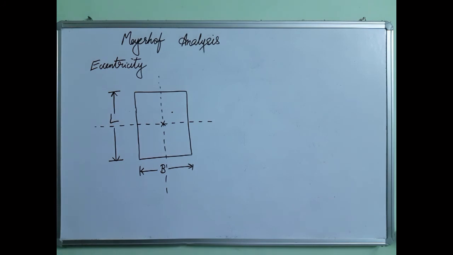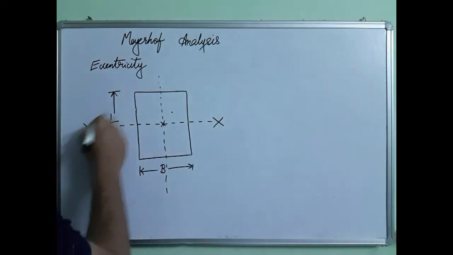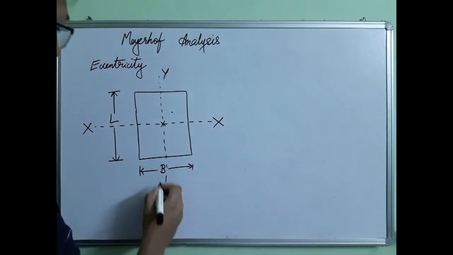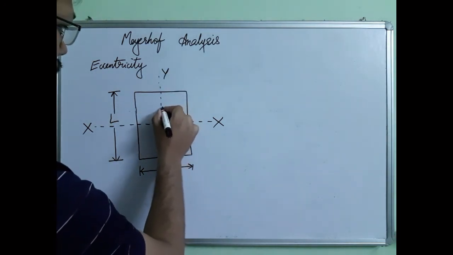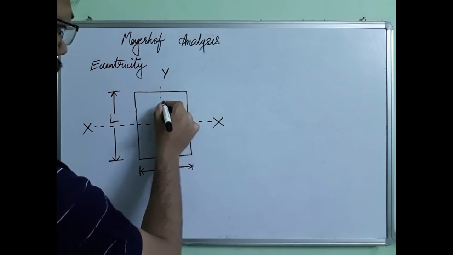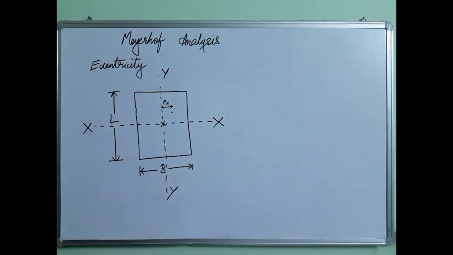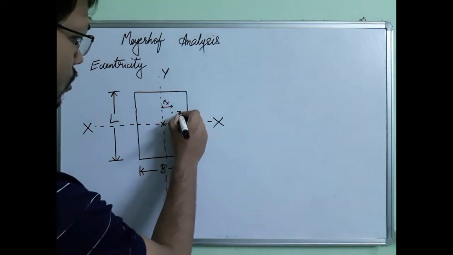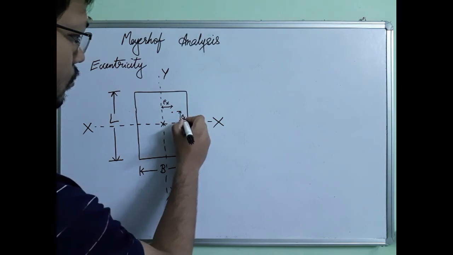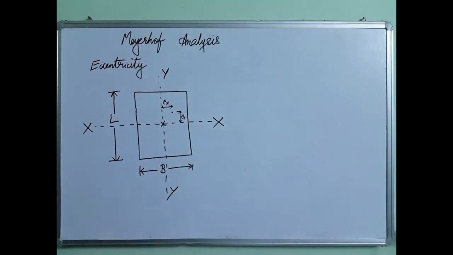So if we look into the eccentricity, this will be Ex and this will be Ey. Now, what other values can we find out?